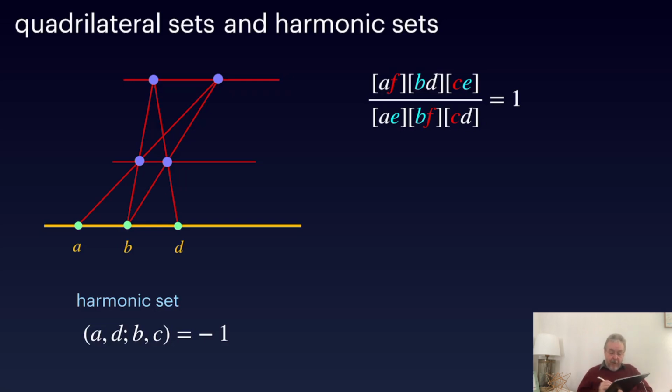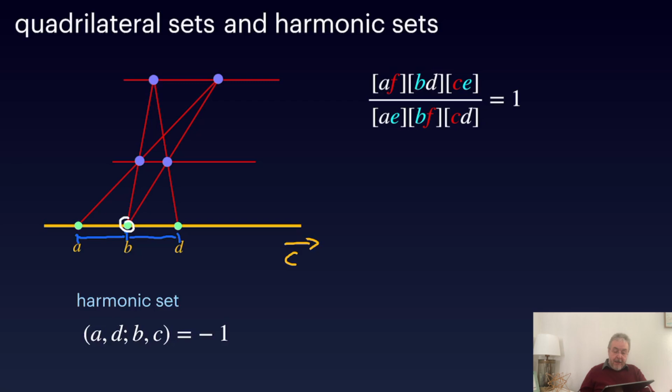If you move one of those points in harmonic sets to infinity, so one of those points, point C, has been moved very far out, then what happens is that you get the same distance between A and B and D, which means that B turns out to be exactly in the middle of A and D.